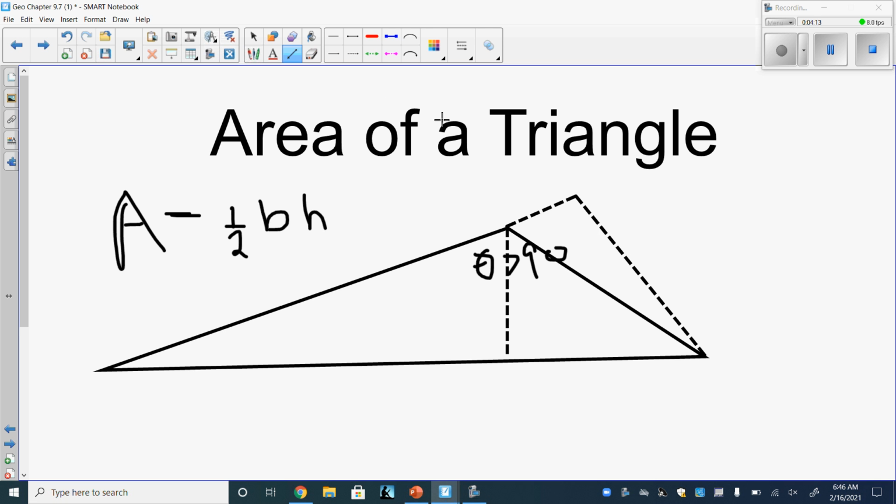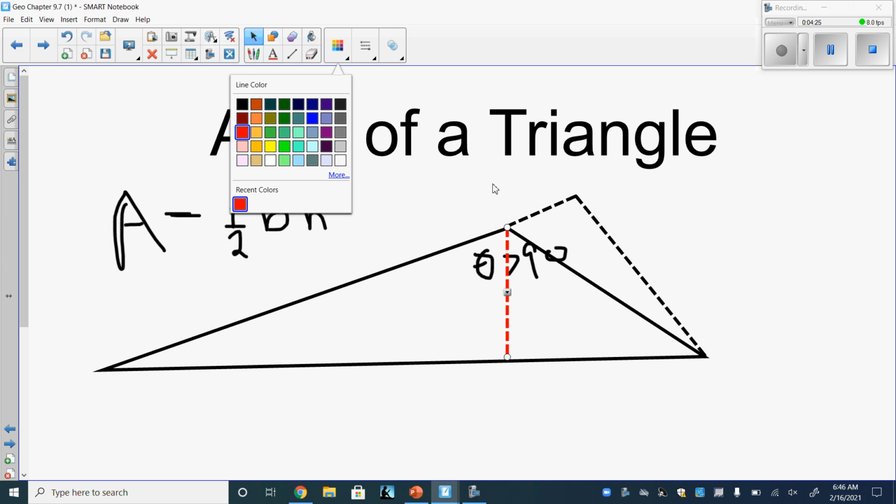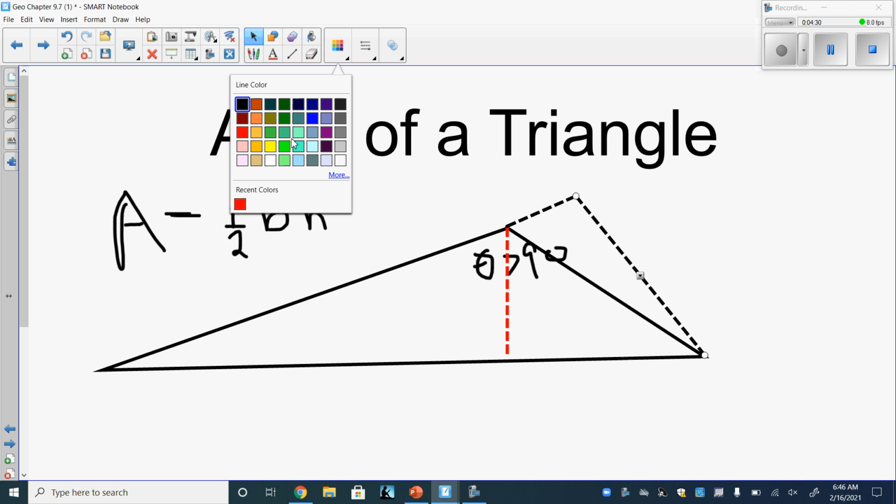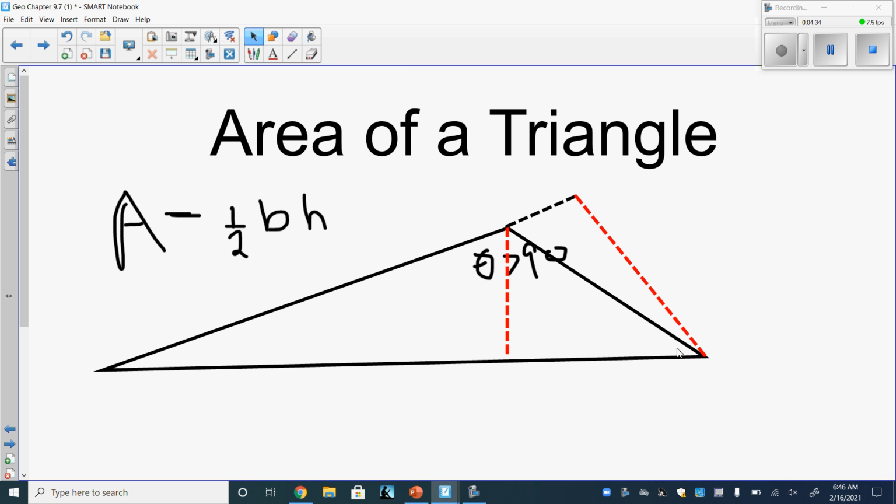So either this line over here, let's give these a different color. Let's go with this red. So either one of these could technically be the height of the triangle, and we would need that to be able to solve. But we actually have another way to find it.